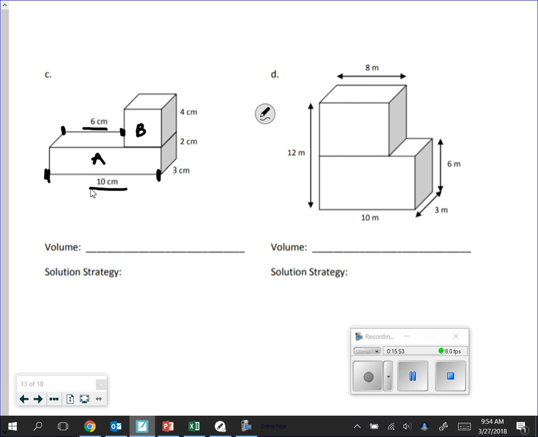To help you figure out the length of B. Because if this is 10 down here, and this section right here is only 6, what is this? 4. Because 6 plus 4 is 10. So if this is 4, what is this shape right here on B? If this is 4 and this is 4, what is that?